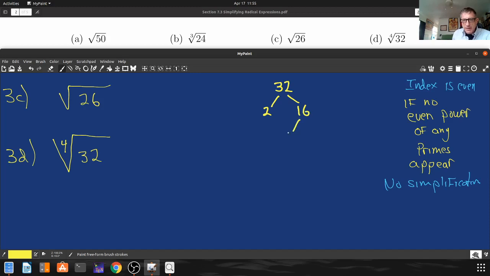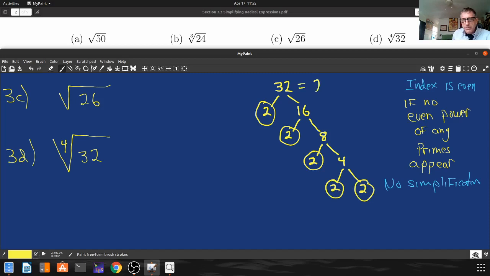Well, 16 is even, so I'm going to divide it by 2. 16 divided by 2 is 8. 8 is even, so I'm going to divide it by 2. 8 divided by 2 is 4. 4 is even, so I'm going to divide it by 2. And 4 divided by 2 is 2. And these are all of my primes. They're all 2's. How many 2's do I have there? 1, 2, 3, 4, 5. So 32 is equal to 2 to the 5th.